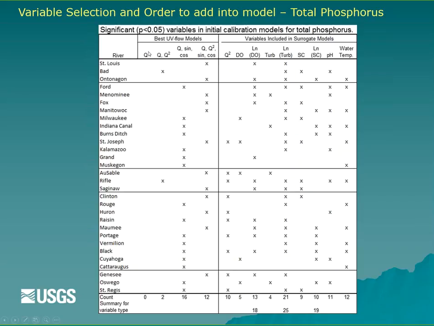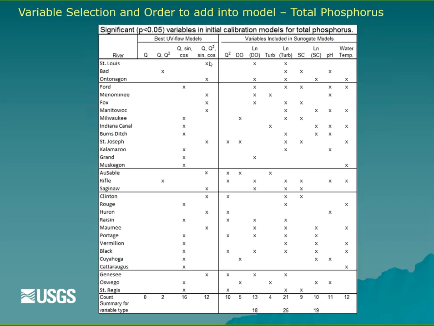So we tested just a flow model, a flow with flow squared, a flow with seasonality, which is the sine and cosine terms, and a flow squared and seasonality. Now when we have the flow squared term, we examined it, but after looking at a number of different studies, we were really reluctant to use flow squared because it can cause some real problems unless you have the flow completely covered.